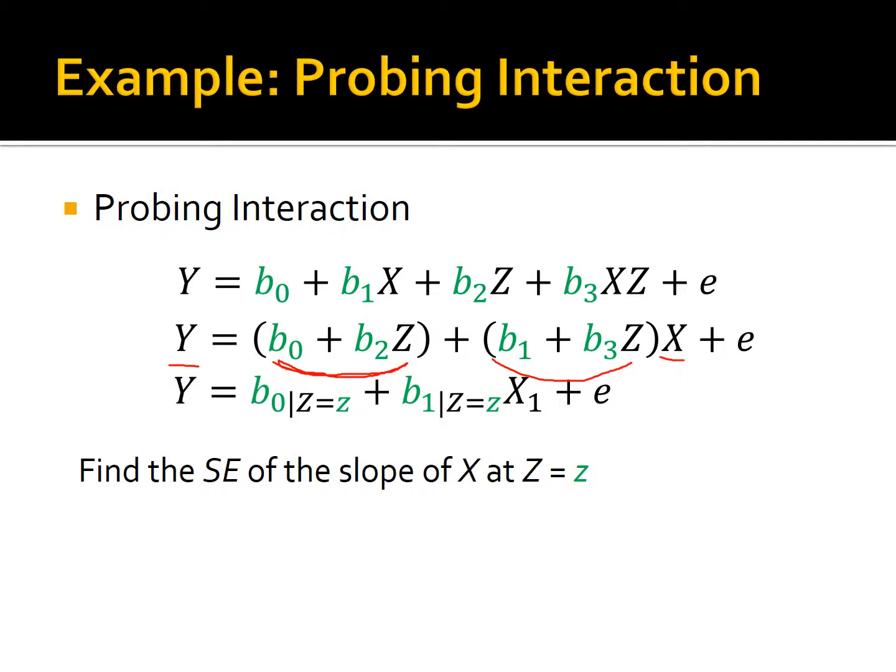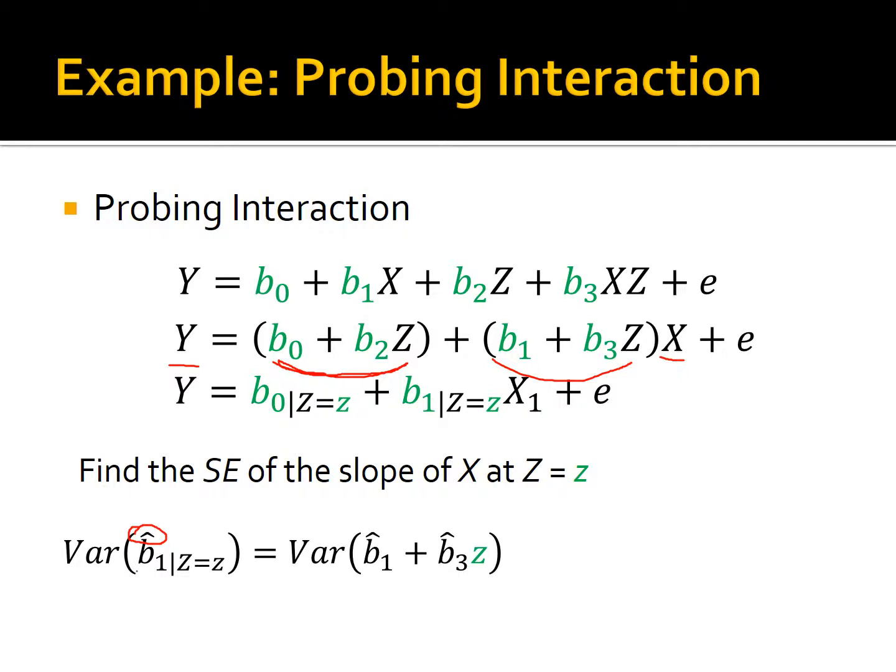So if I would like to find the standard error of the slope of x at big C equal to small c, so the variance of b1 given C equals c. You see I have this hat because it is estimated from the sample, and because it is estimated from the sample, we have sampling error, and we would like to find the standard error of this term, right?